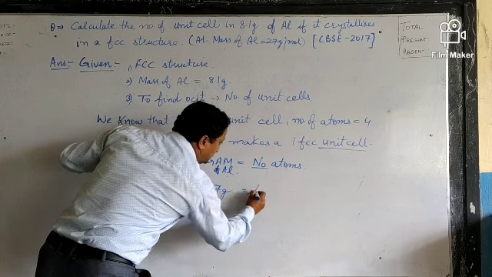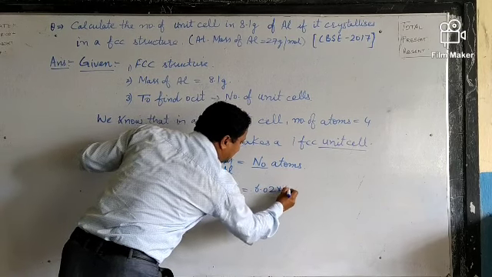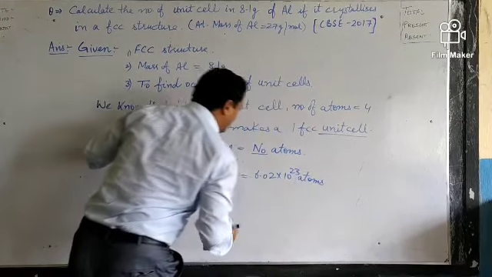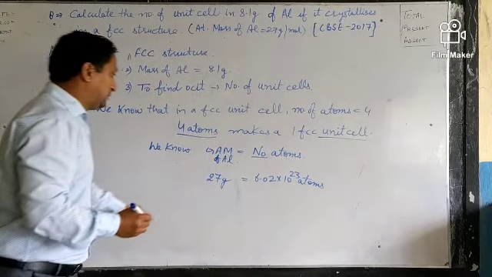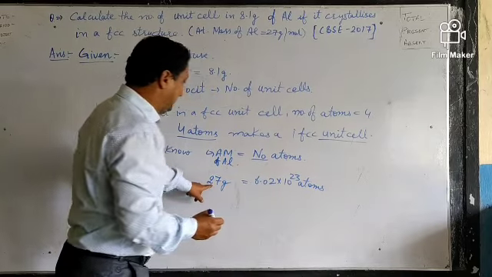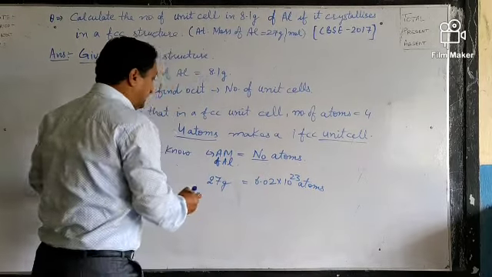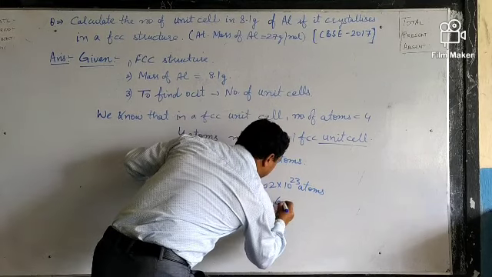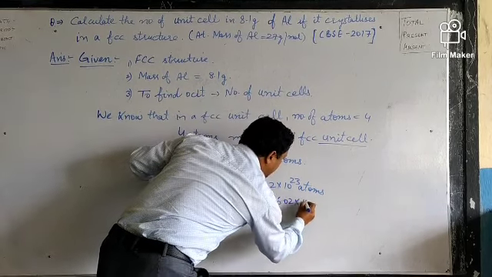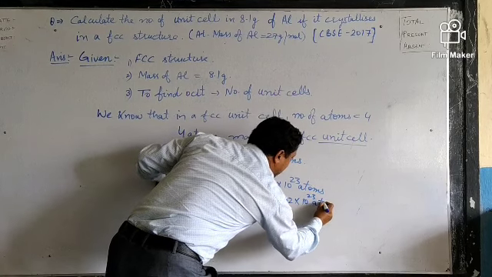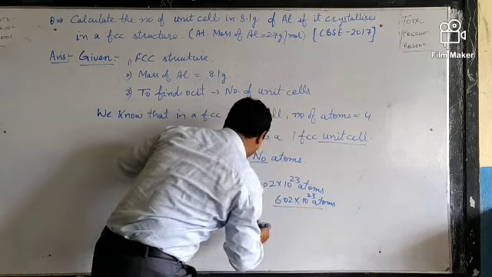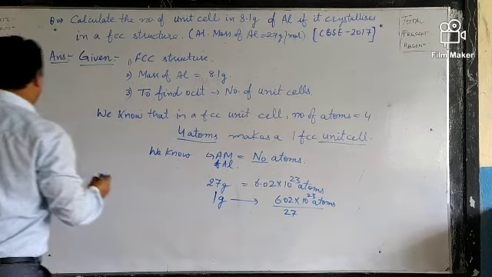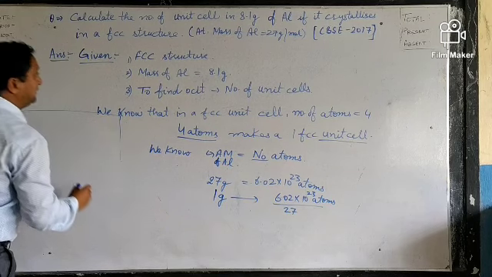It is equal to 6.02 into 10 raised to power 23 atoms. Okay. So for 27 grams, this many atoms are there. So for 1 gram, how many atoms are there? For 1 gram, 6.02 into 10 raised to power 23 atoms upon 27.